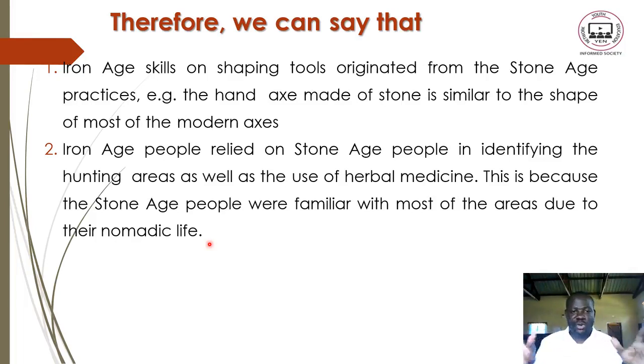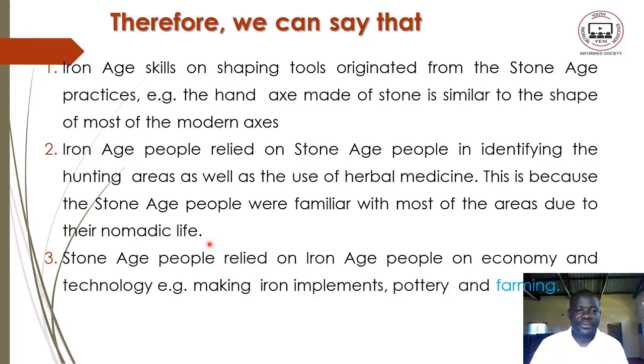So they knew most of the places. Even when we talk of herbal medicine, they could say, if you are looking for this tree, it is there; if you are looking for this herb, it is there, because they kept on moving from place to place. In so doing, they depended on each other.